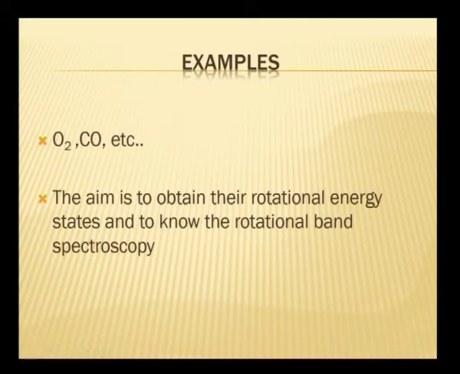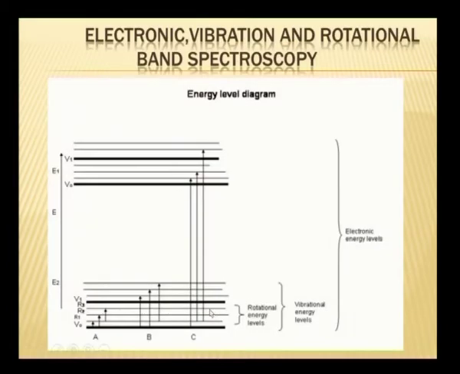Why should you know the rotational energy values? Then only you can find the rotational band spectroscopy. I would like to clarify that the rotational band spectrum that you have here will be in the microwave regime.